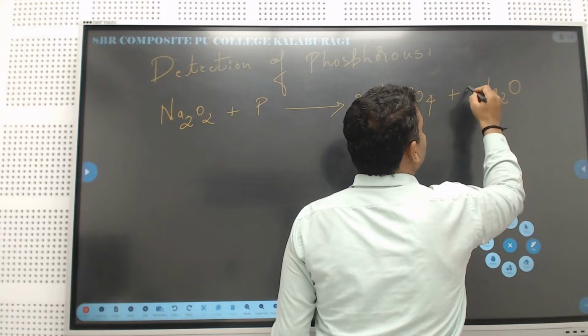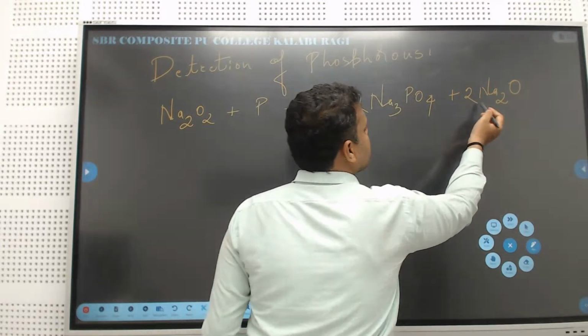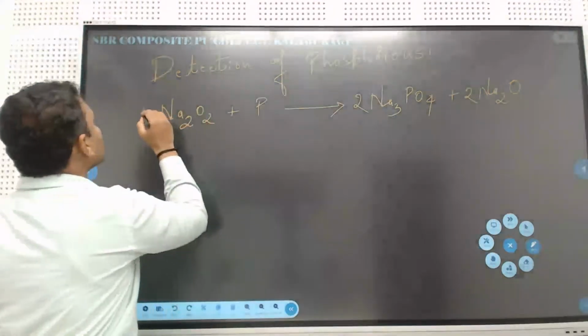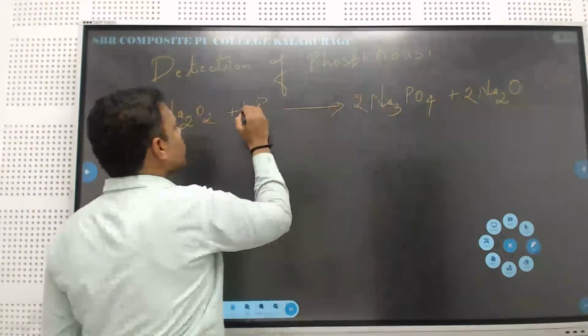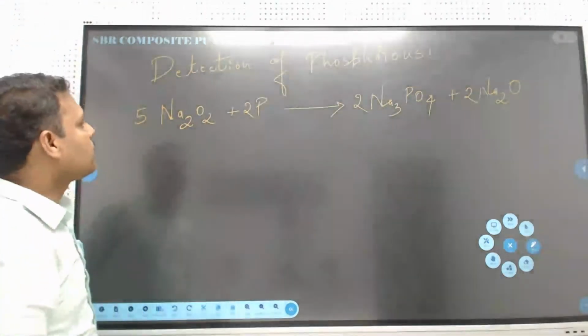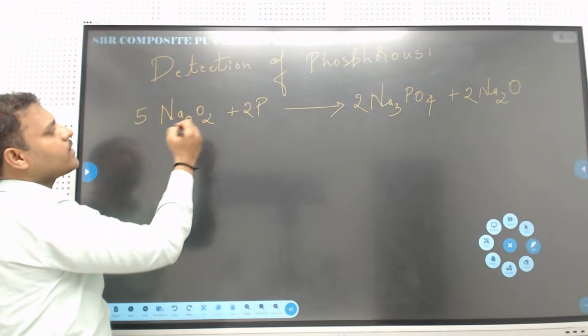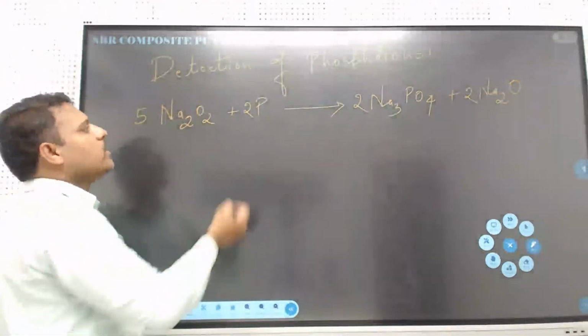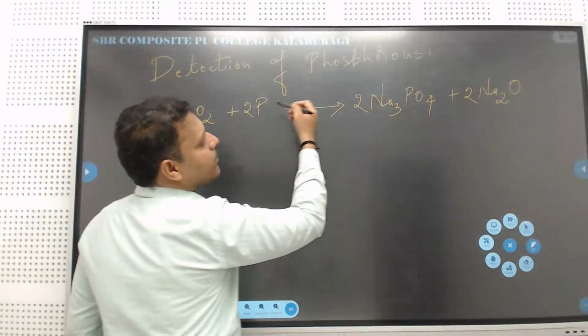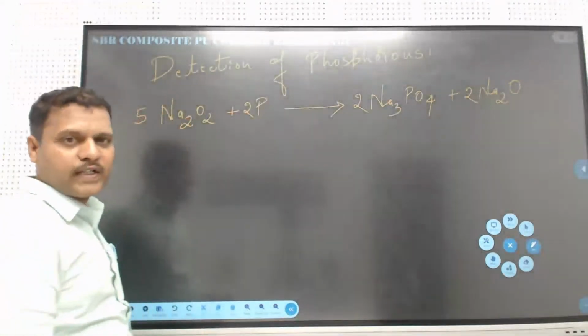On balancing, there is an odd number of sodium and oxygen here, so we can write 2, 6, 6 plus 4, 10, so we can write 5 here. And phosphorus is 2, so we write 2 here. So on addition of sodium peroxide to the organic compound containing phosphorus, phosphorus is conveniently oxidized into sodium phosphate.